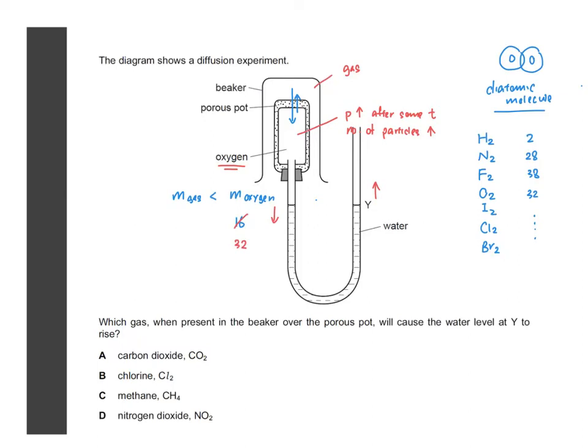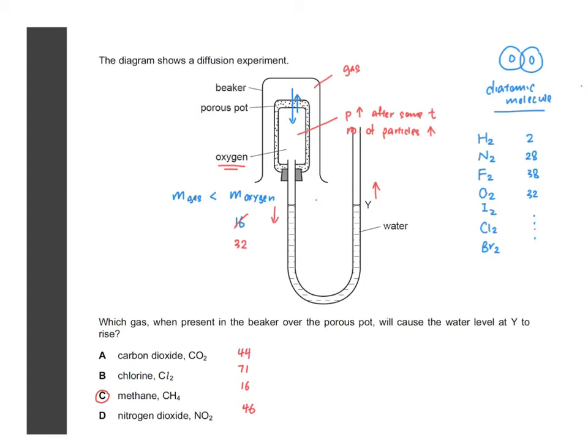So right now we are supposed to look for a gas which has a mass that's less than 32. Let us again compute the masses of the four gases. We have 44, 71, 16, and then 32, 40, 46. By comparing the masses of all the four options, we can see that methane, option C, the gas that is smallest, has a mass that's smaller than oxygen.